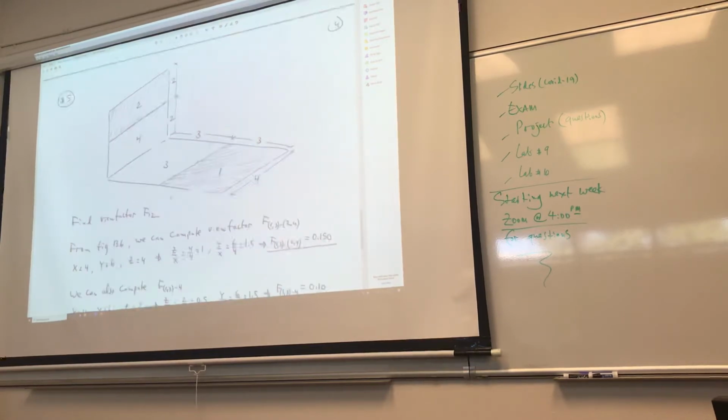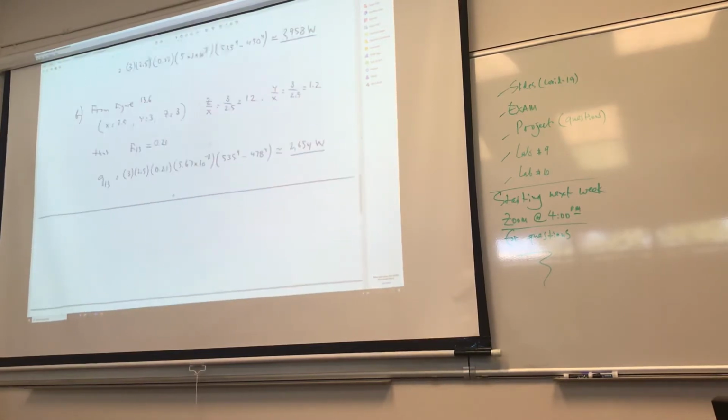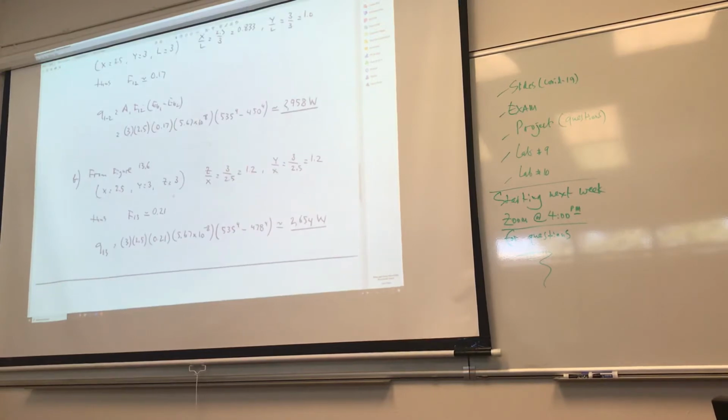But if anything, you have to remember the F, because that's really what chapter 13 was all about. It's really about view factors. The view factor is an important thing that just measures the fraction of energy leaving one surface that actually gets to another surface.